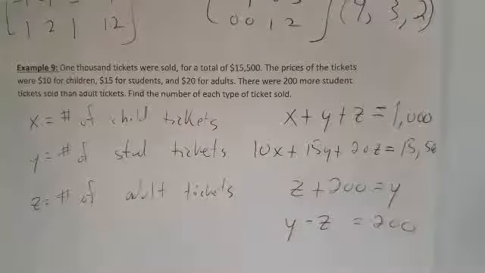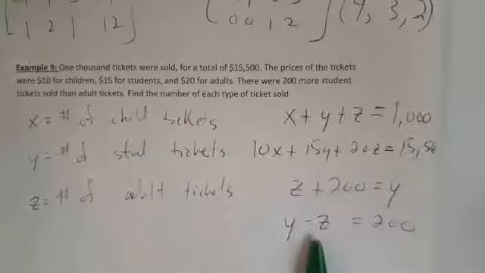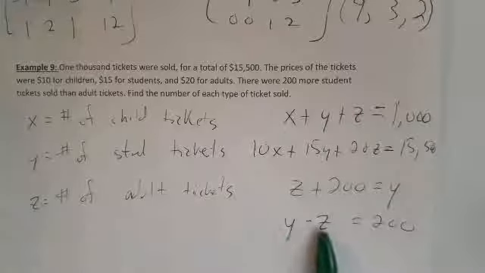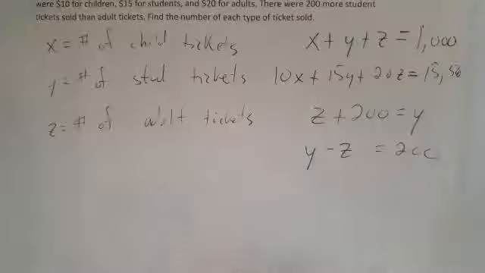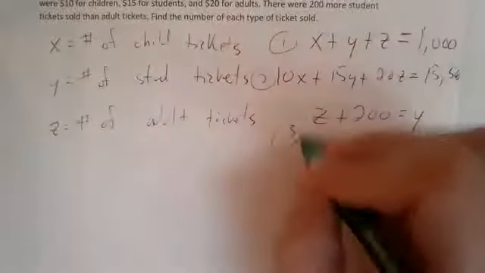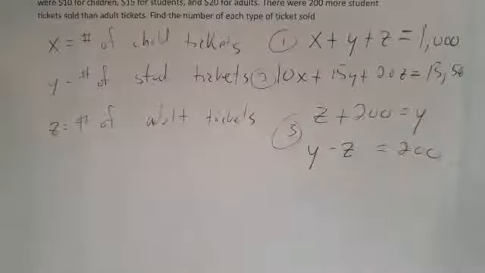So if there's more student tickets than adult tickets, this is saying there are 200 more of these than them. And so I think we have, this is like equation 1, equation 2, equation 3 right here. So we have our three equations.